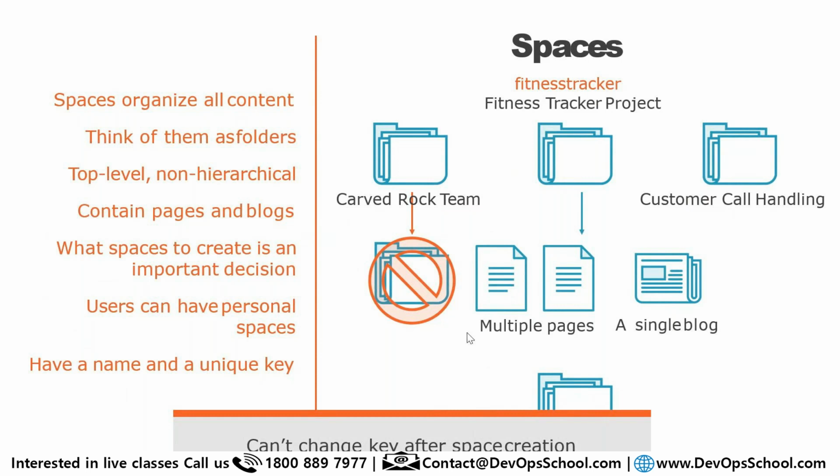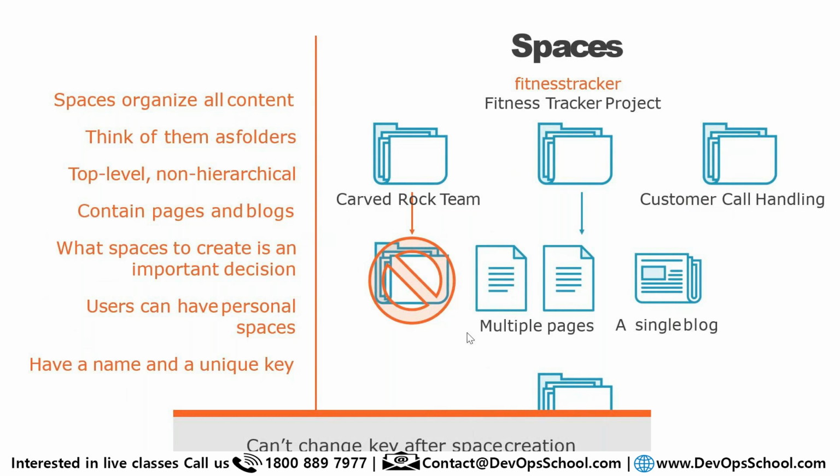You cannot have another space inside one space. You can have multiple pages or blogs inside a space. So a space organizes all content. Think of them as a folder: top level, non-hierarchical, containing pages and blogs.